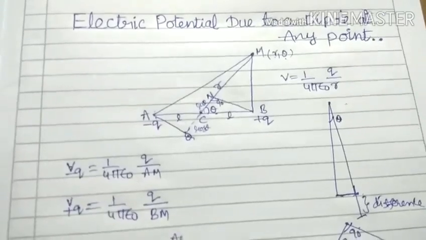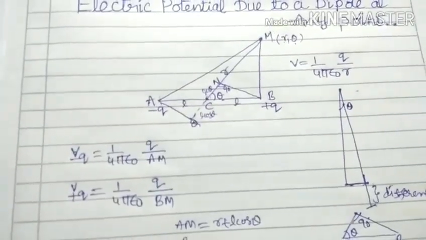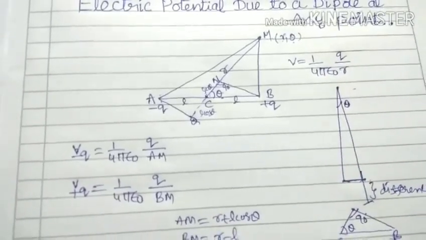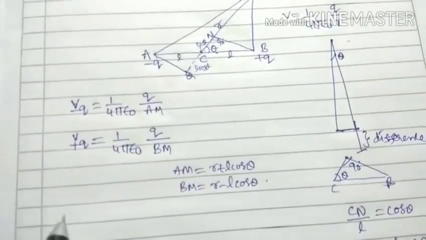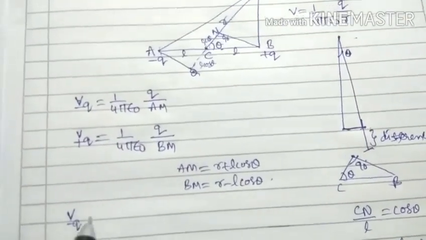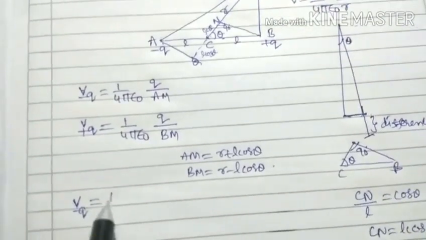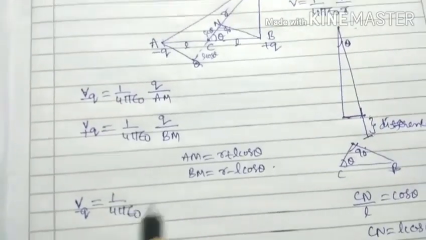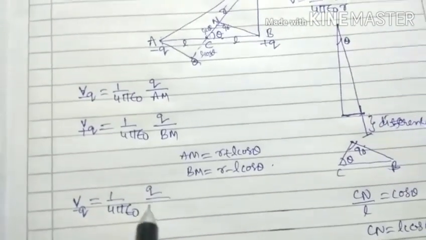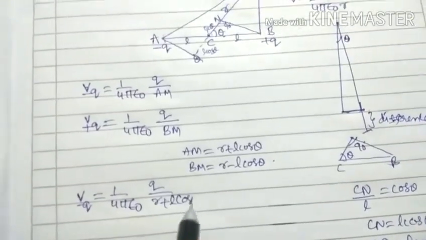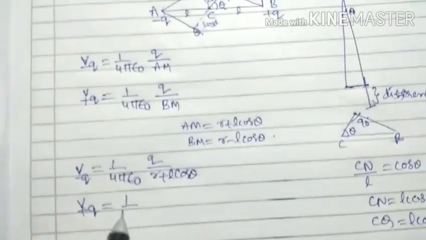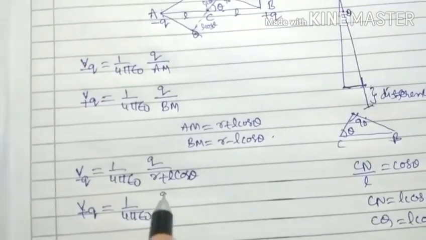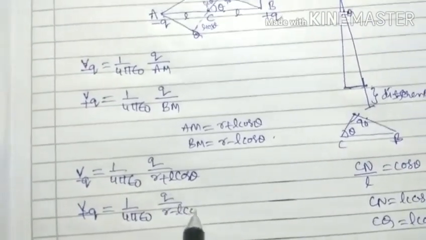Here AM is equal to R plus L cos theta and BM is equal to R minus L cos theta. So the electric potential due to the negative charge is 1 by 4 pi epsilon naught, Q by R plus L cos theta, and similarly the electric potential due to the positive charge is 1 by 4 pi epsilon naught, Q by R minus L cos theta.